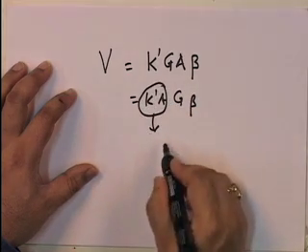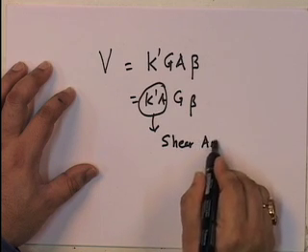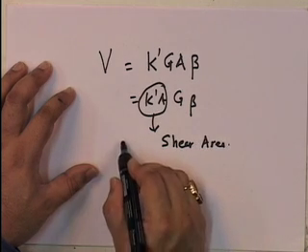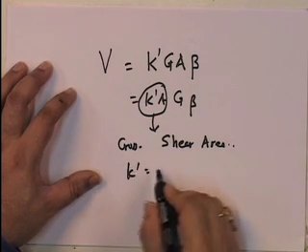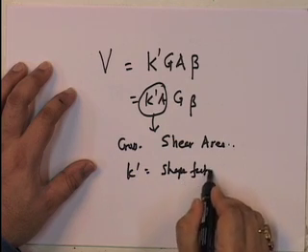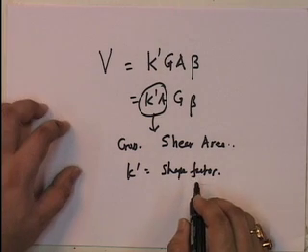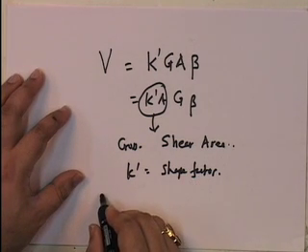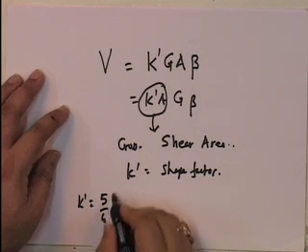This is nothing but what is known as the cross-sectional shear area, where K is a shape factor, and this can be found out for anything. For example, for a rectangular cross section, K bar is equal to 5 by 6.